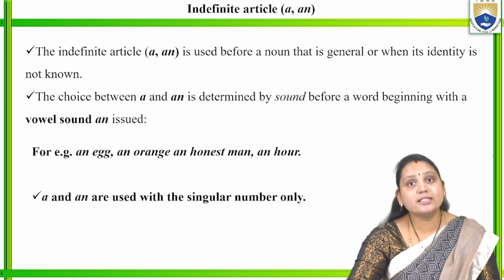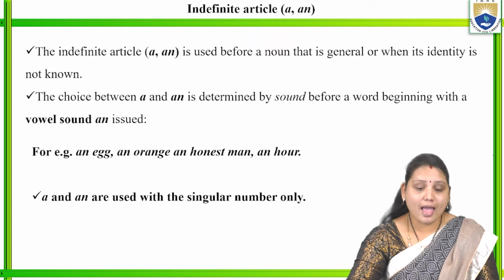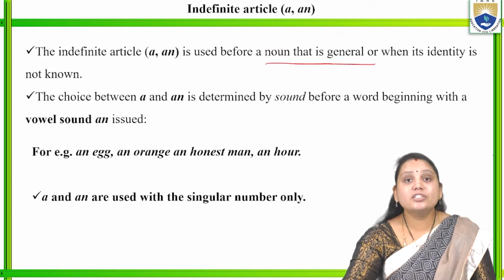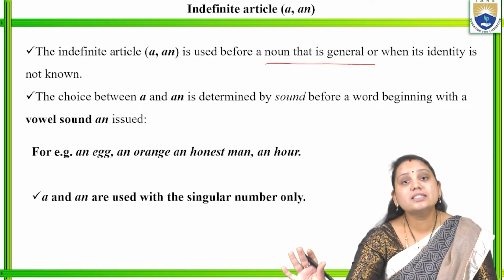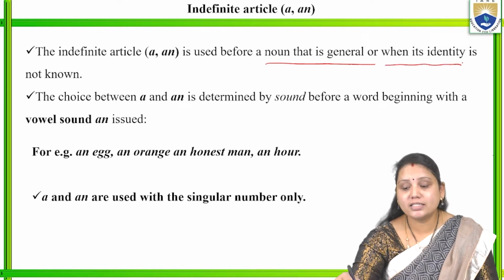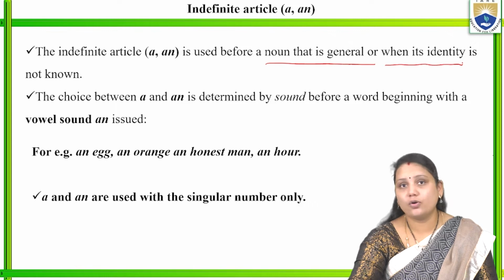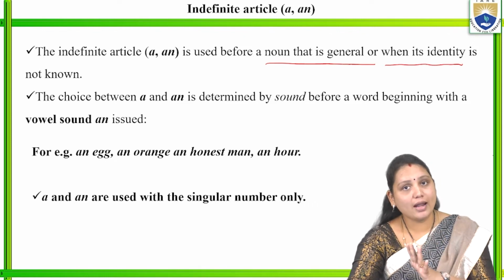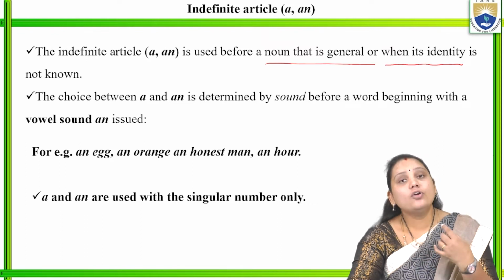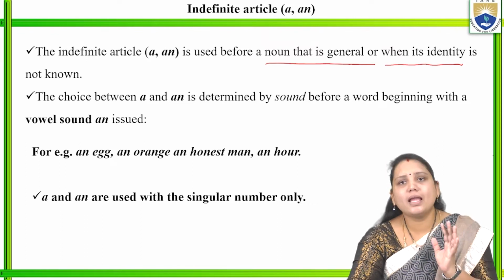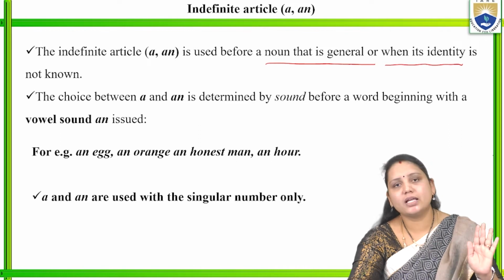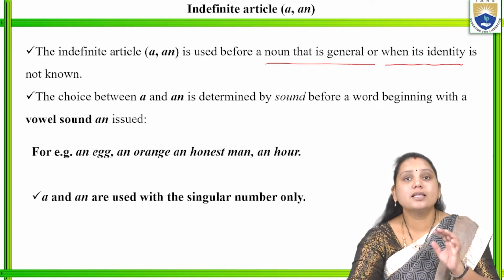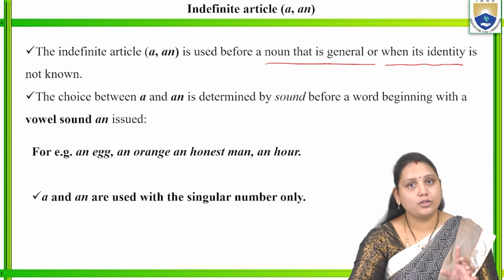The indefinite articles 'a' and 'an' are used before a noun that is general, that which is common, and when its identity is not known. We use 'a' or 'an' in general to render the common element. We are not specifically referring to anything. When the identity is not known, we are using it.